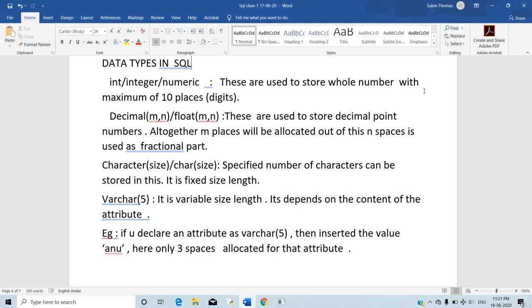But in the case of character, even if your value consists of only 3 characters, the remaining 2 spaces will be filled with space, and altogether 5 memory spaces are allocated there. If you declare address as character of 20 and give a value with 10 characters, the remaining 10 spaces will be filled with space, and altogether 20 memory spaces will be allocated for that particular attribute. That is your character data type.